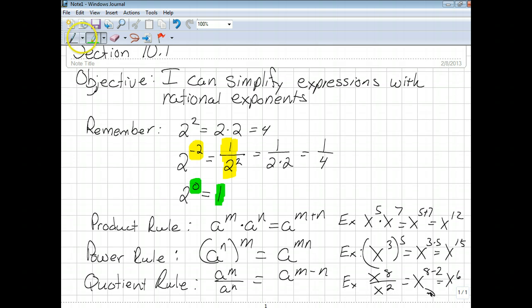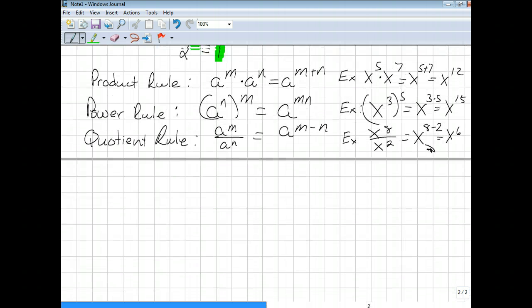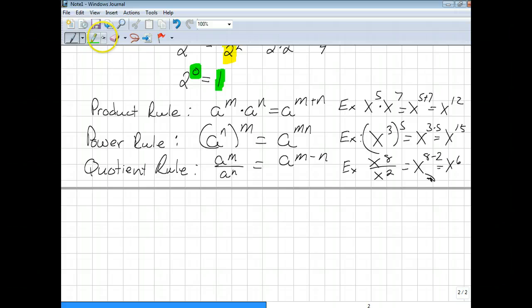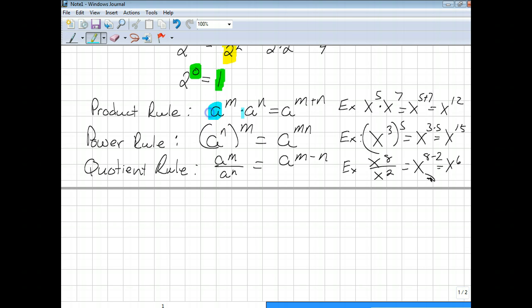Then we had the rules for exponents. So the first rule, called the product rule, if you are multiplying and you have the same base, you keep the base and you add the exponents. The power rule, if you are raising a power to a power, then you keep the base and then you multiply the powers together.